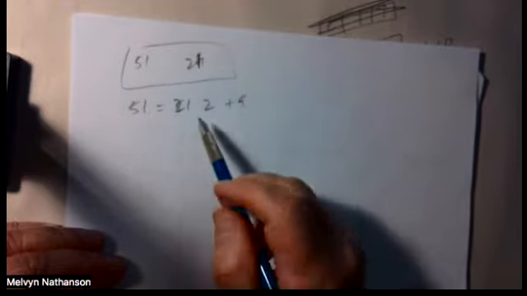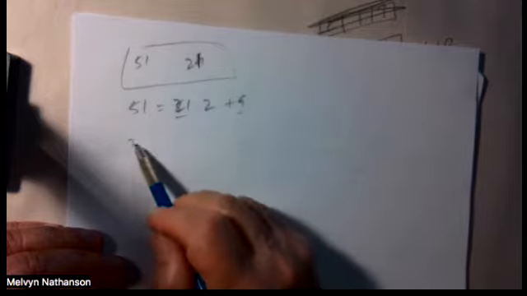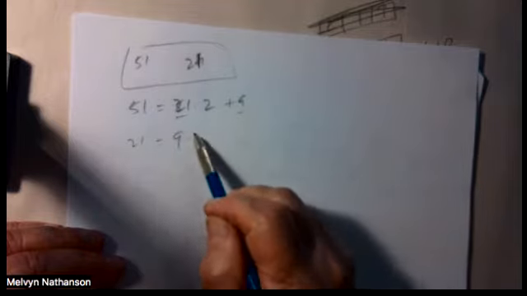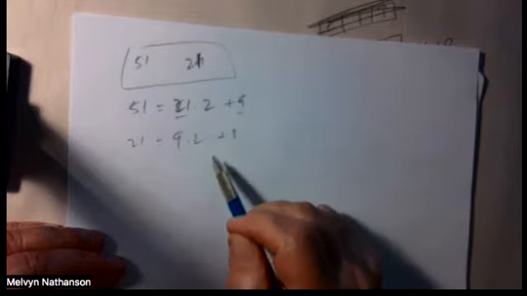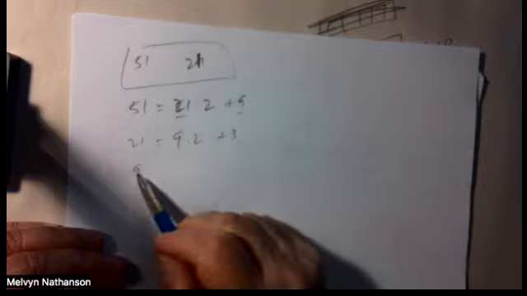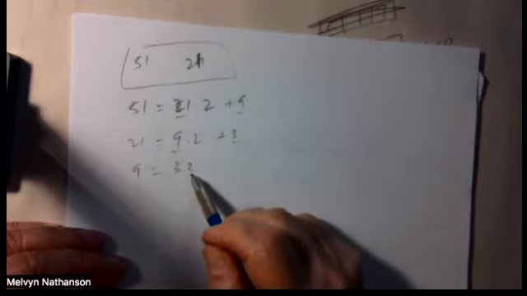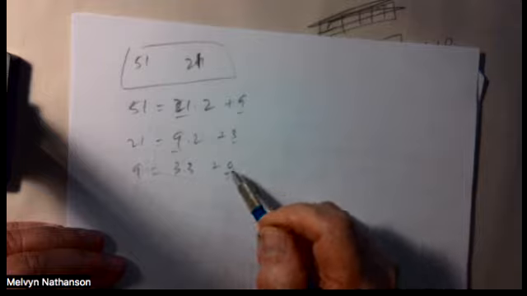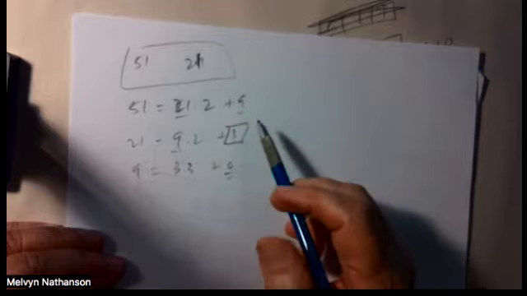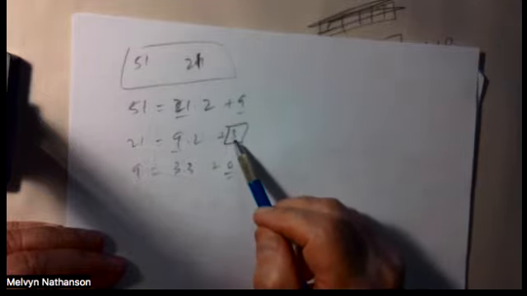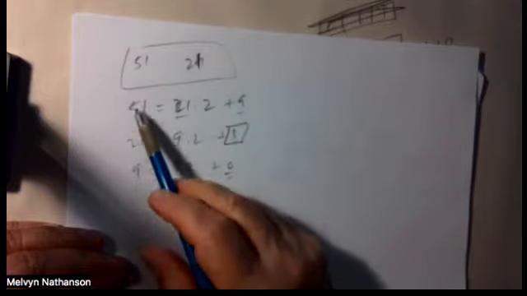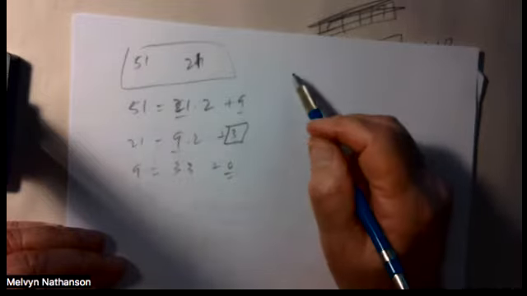It's not 0. Then you take 21, divide it by 9, you get a quotient of 2 and a remainder of 3. Then you take 9, divide it by 3, you get a quotient of 3 and a remainder of 0. So the last positive remainder, which was 3, is the greatest common divisor of 21 and 51.